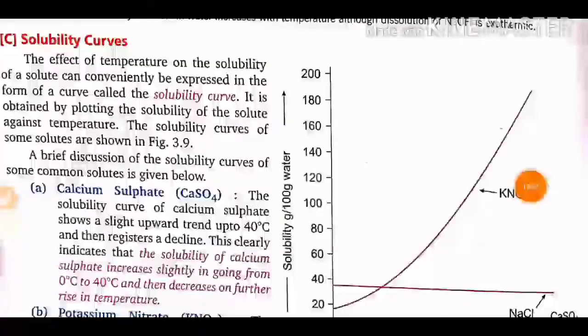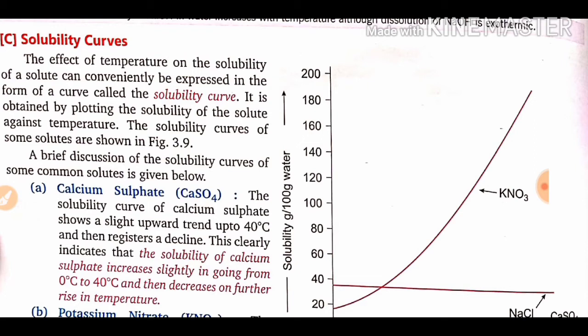The effect of temperature on the solubility of a solute can conventionally be expressed in the form of a curve called the solubility curve. Just remember that whenever we talk about the solubility curve, it means the effect of temperature on the solubility of any solute.